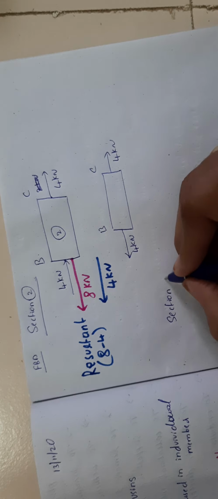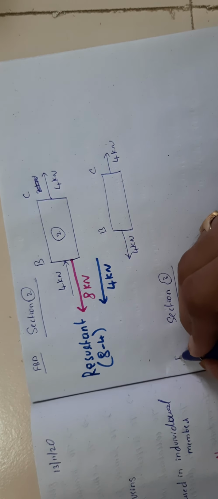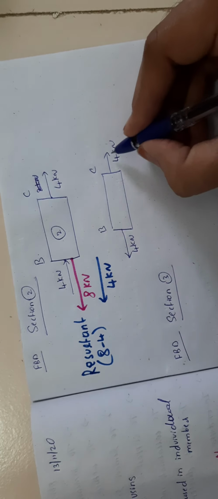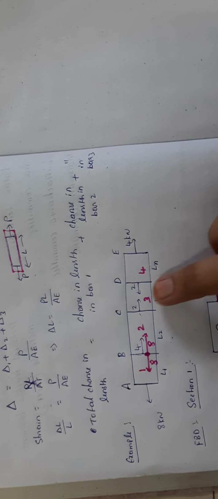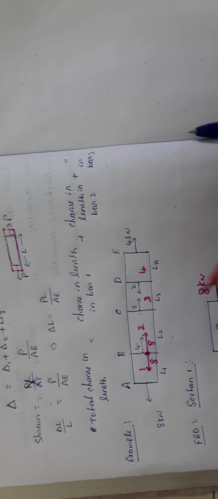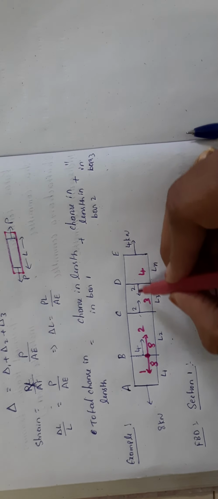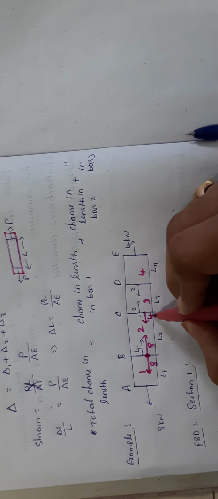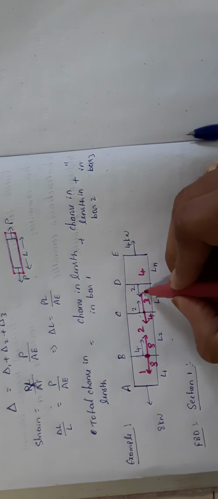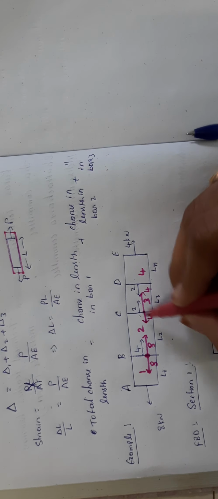Section 3, free body diagram. Now there is a 4 kilonewtons load you have mentioned here. So again go to this diagram. Now at section C you add 4 and you subtract 4, so it will not change the physics of the problem.